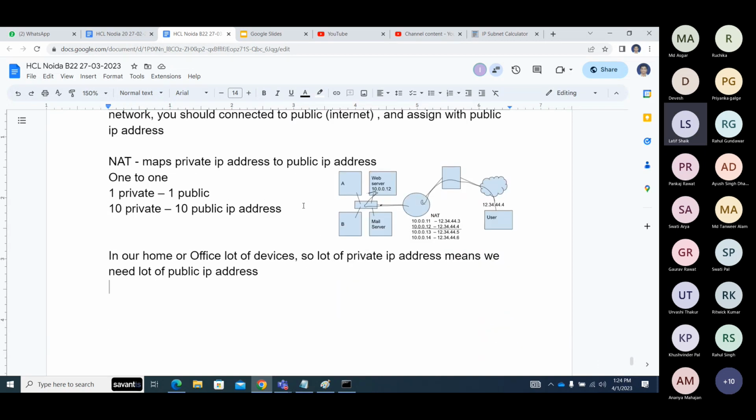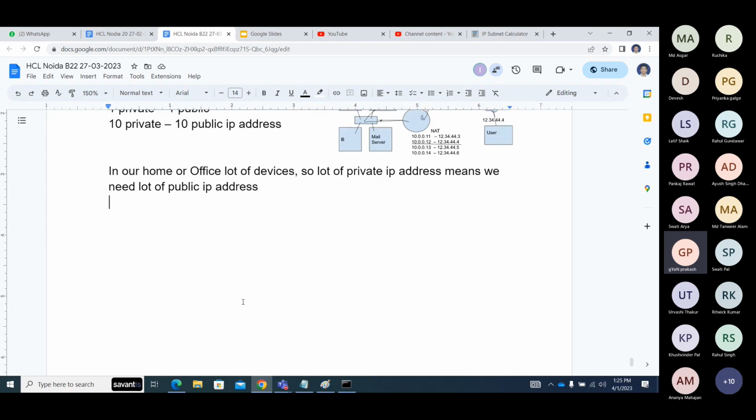Sir, for public routers, where the domain changes, does the IP address change for every router or does it remain the same? That's where your system's IP address is changed to public.